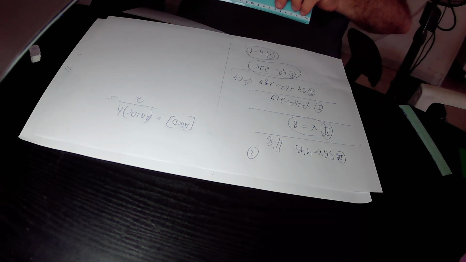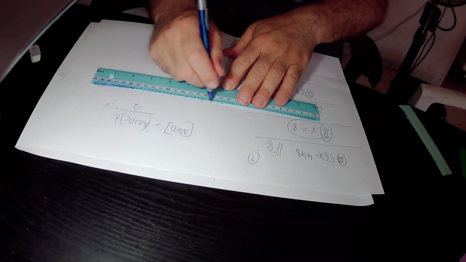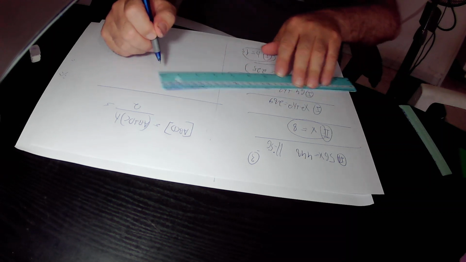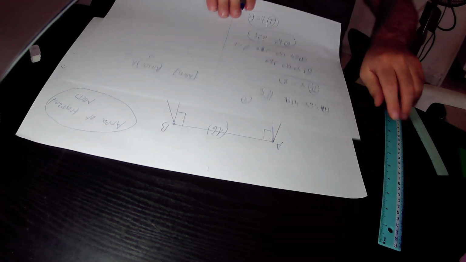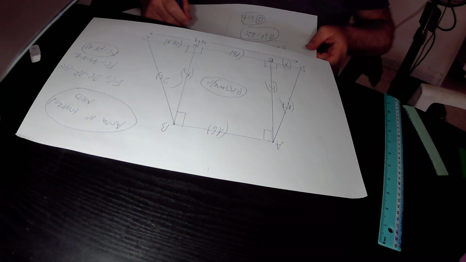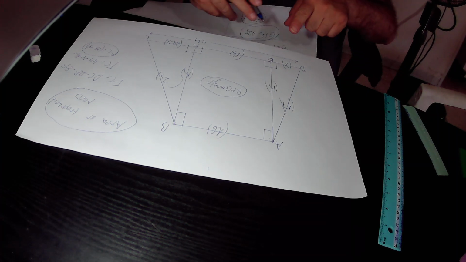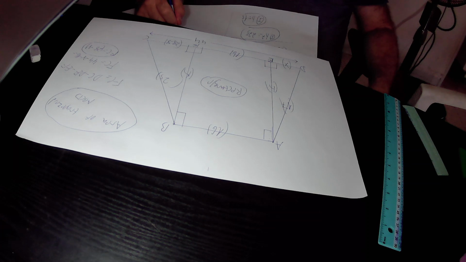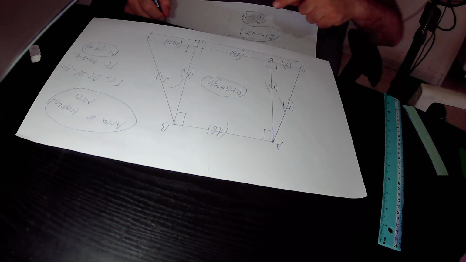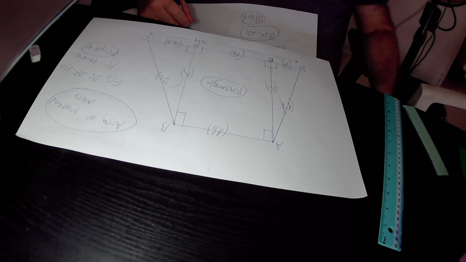So in total, the area of trapezoid ABCD equals AB is 16 plus DC is 44, multiplied by the height h, h is 15, over 2.